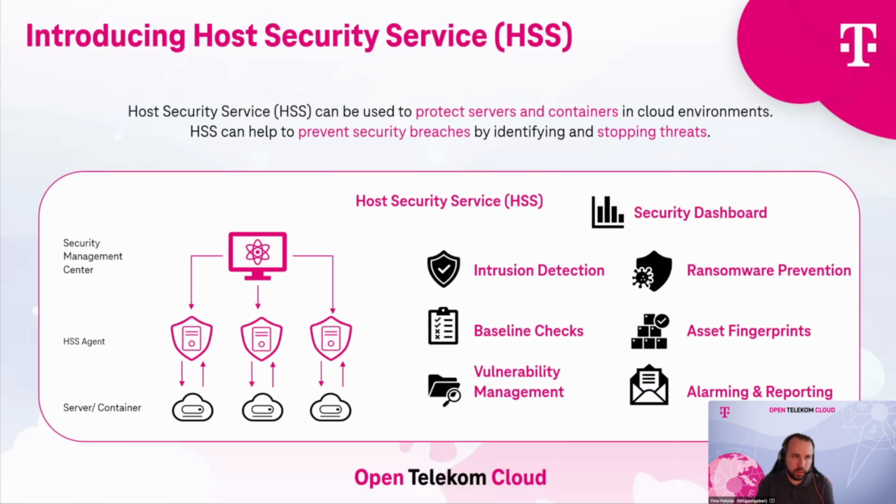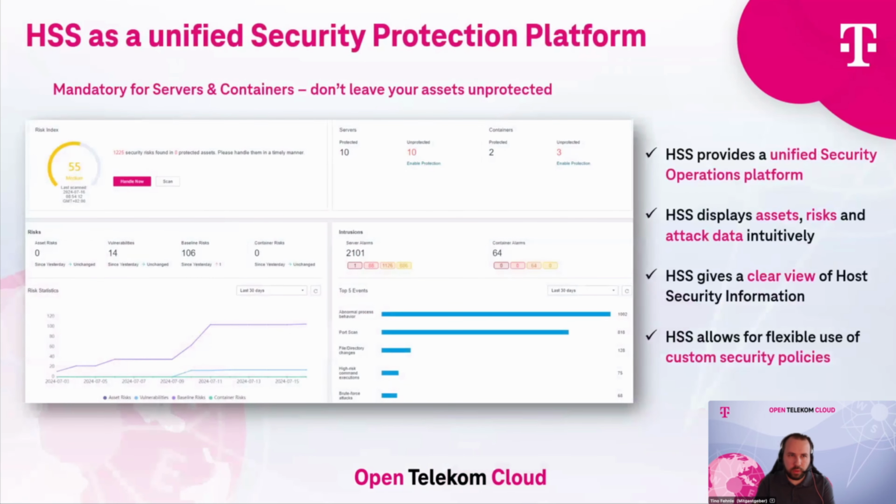How does it look like? So HSS is a unified security protection platform where you can see at a first glance your risk index, like what risk have been found in which assets. You can directly jump to them to handle them. You also get an overview of the risks over time. So that is on the left on the bottom, like what are the statistics for my vulnerabilities, for my assets, from baselines.